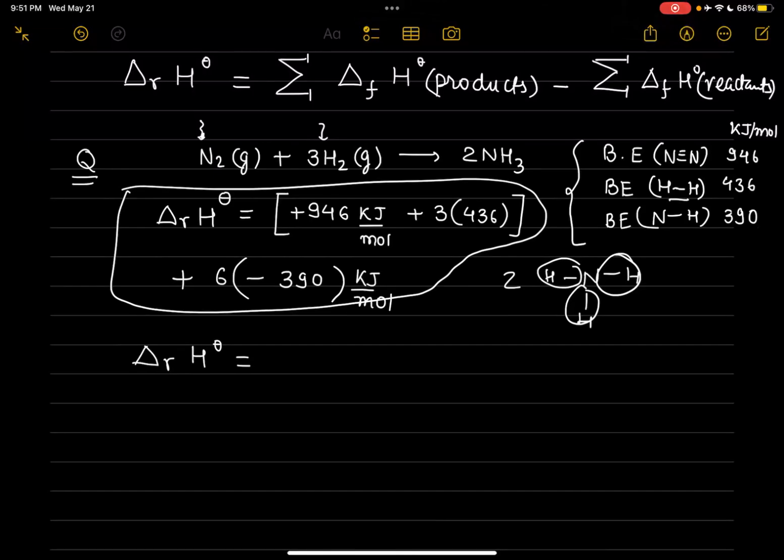So this is 6 times 390, which is 2340, for the 6 N-H bonds which are being formed. But I broke this N2, so I need to add 946. I broke 3 moles of H-H bond, so 436 into 3.